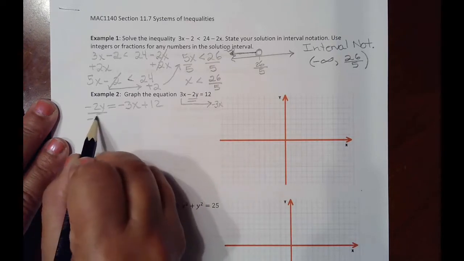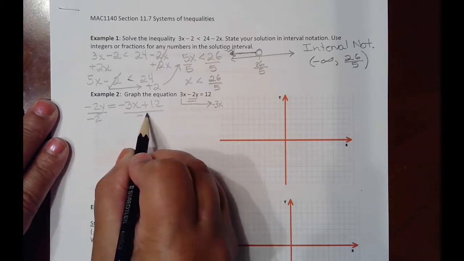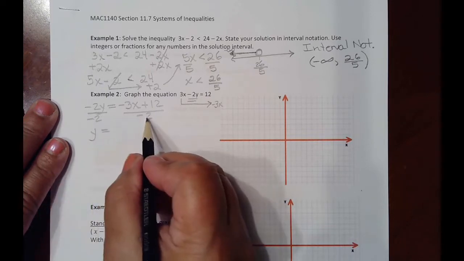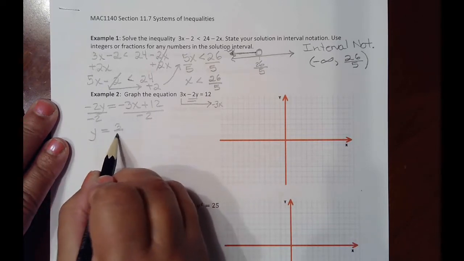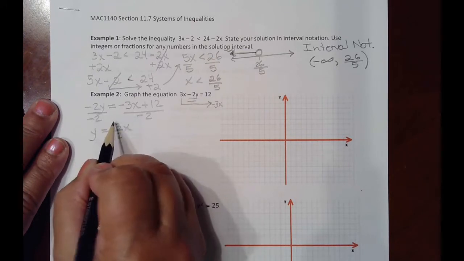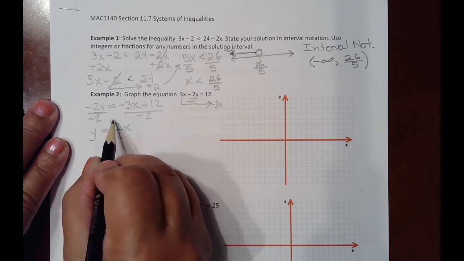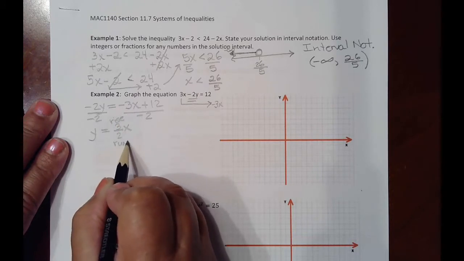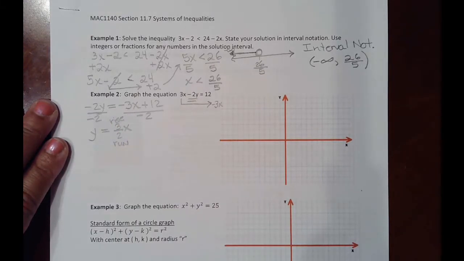You're then going to divide off that coefficient of negative 2, and that would give you -3 divided by -2. Those negatives would cancel. This would serve as the slope, and specifically, this is the rise, whereas this is the run. Slope is made up of rise over run.